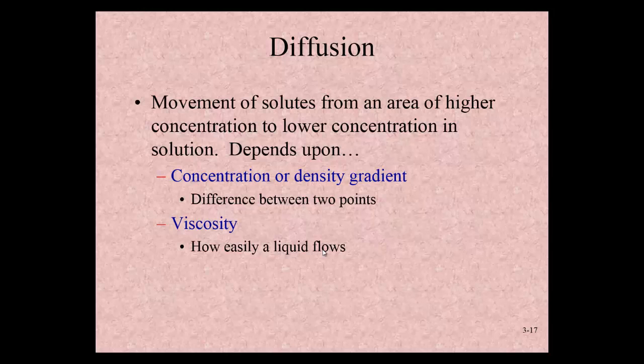So the cheap pancake syrup would move more easily than a thick molasses would across a membrane. Again, no energy is required for diffusion and no transporters are involved. It's just the movement of substances from an area of higher concentration to lower concentration on one side of a membrane to the other.